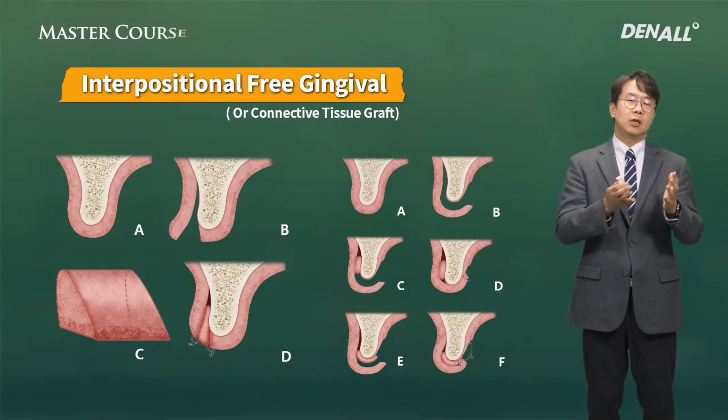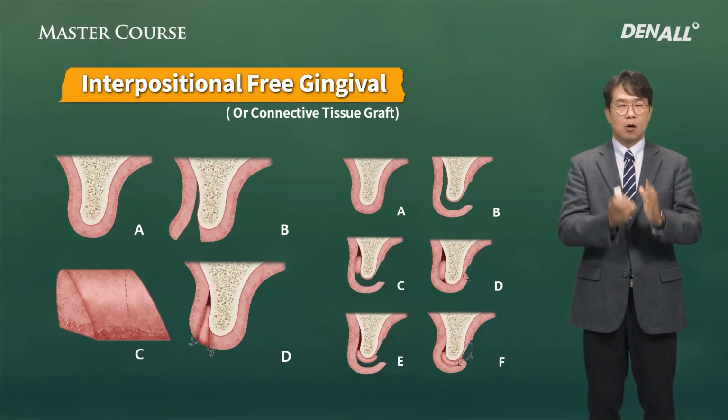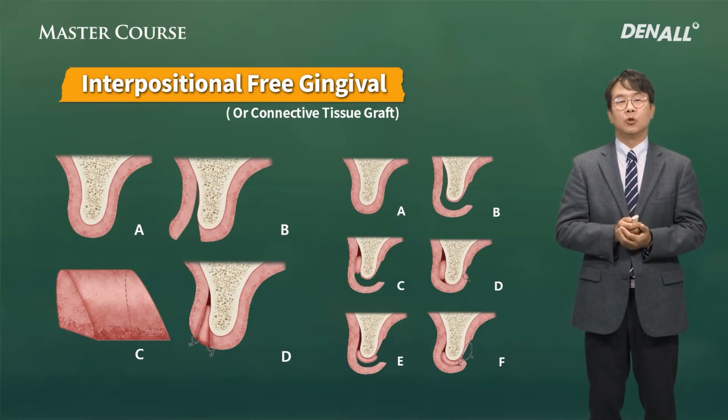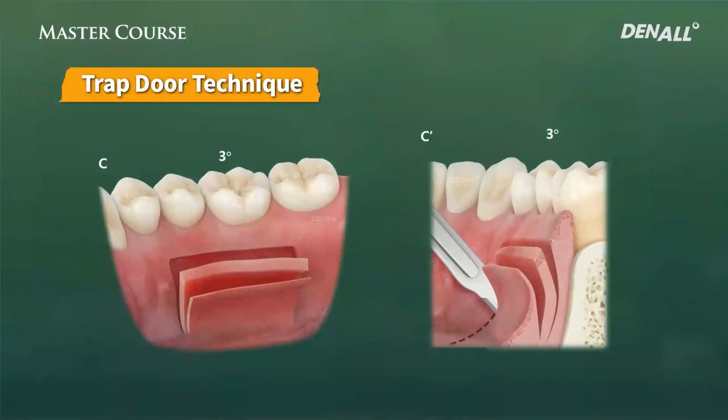So you need to understand how to apply them, and you need to identify where it can be used. A trapdoor technique, a door is hung over hinges, so the door is open and CT inside is taken. Horizontal and vertical incisions are made.